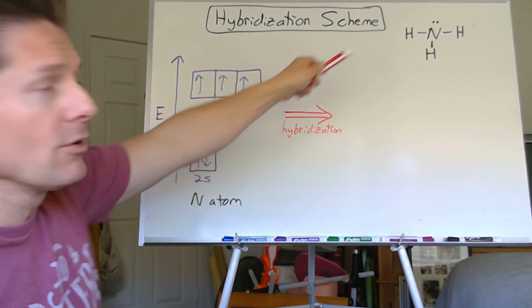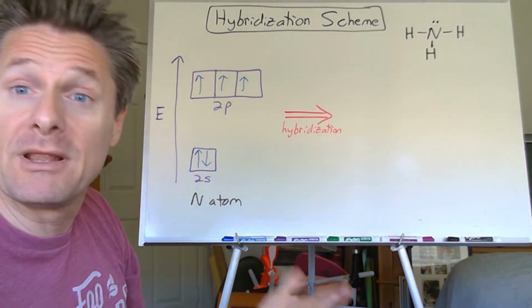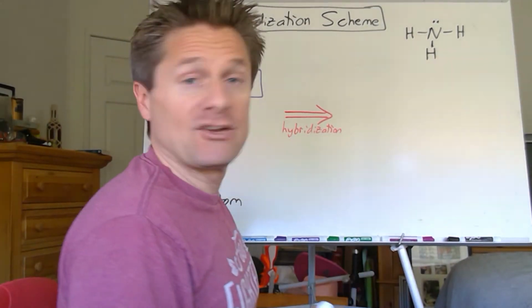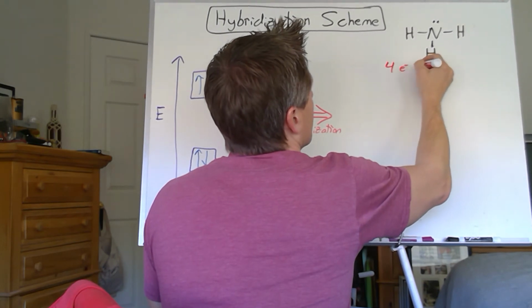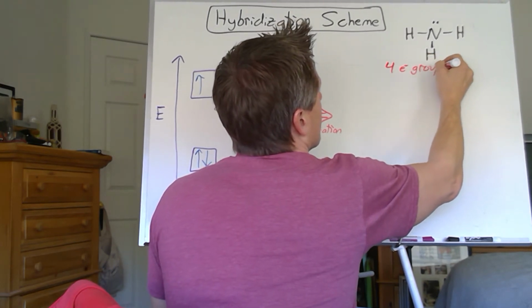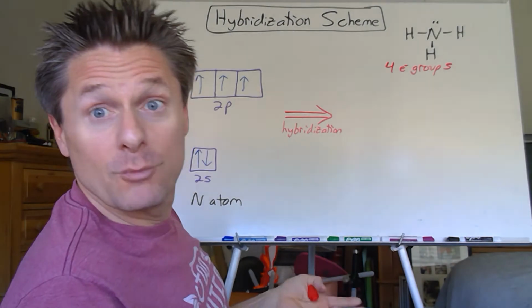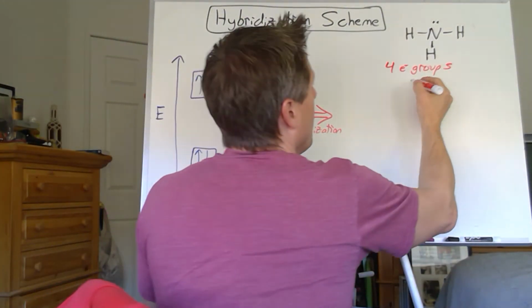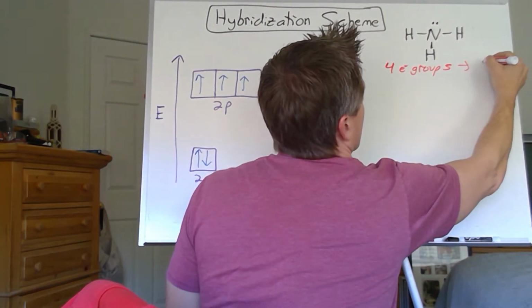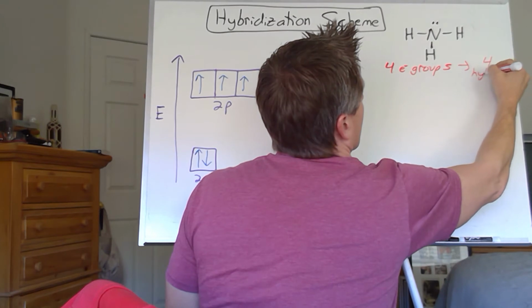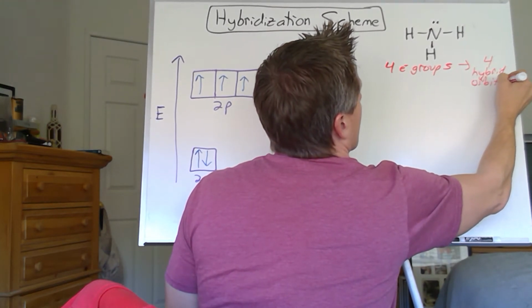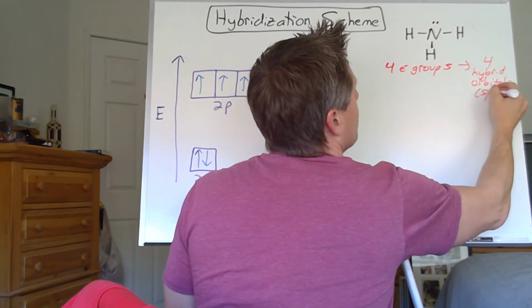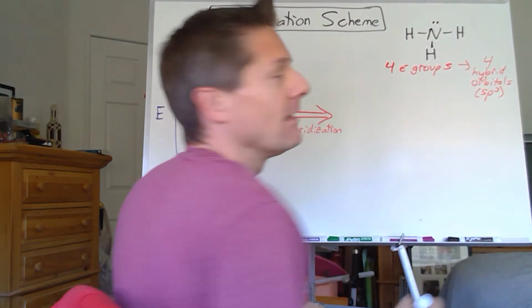So we look up at our Lewis structure and go, well, how many electron groups do we have? 4 electron groups, correct? Well, 4 electron groups requires 4 hybrid orbitals, which is sp3, right?